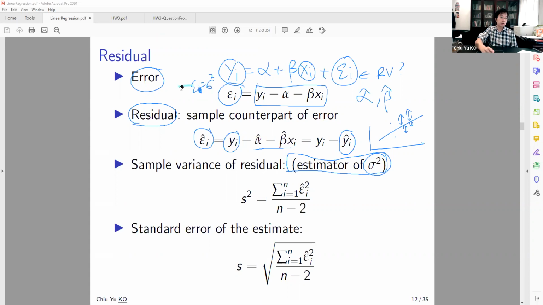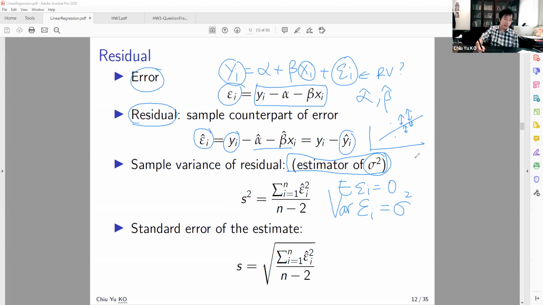Let me write it down here again. Remember the formula is variance of epsilon i. For every observation, the random term has zero mean, right? This is called error, zero mean, and the variance is sigma square. Then how to estimate this guy?